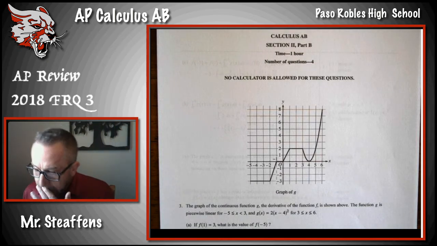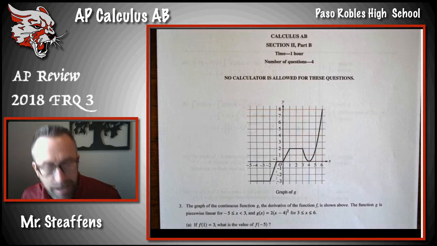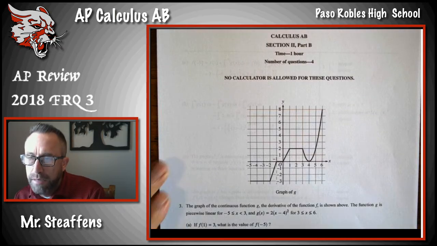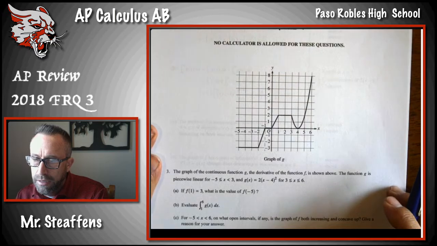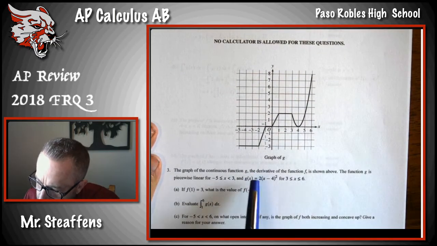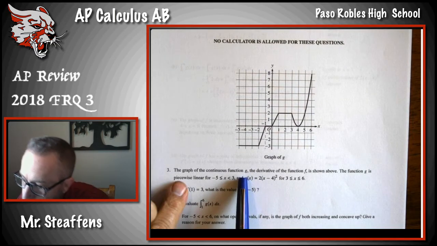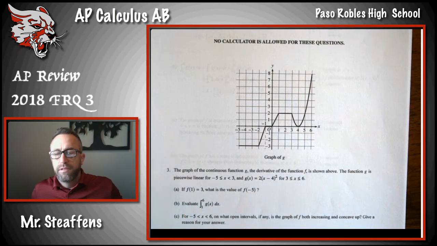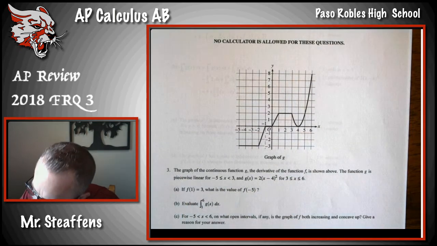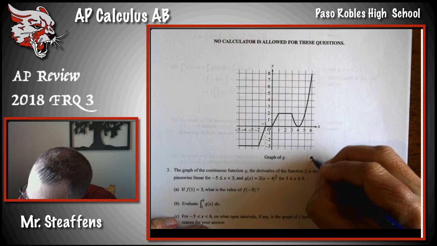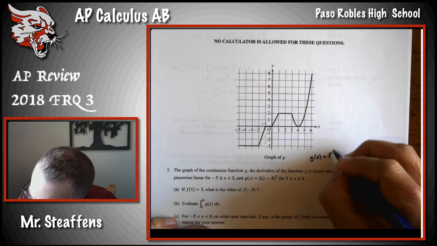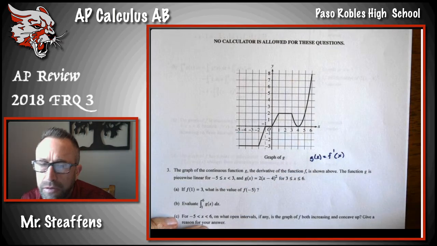So this one gives us a graph. And just like we said, it says this is going to be a graph of G. And then it says, by the way, G is actually the derivative of F. So if that's true, we might want to write that down, that G of X is F prime of X, because that tells us some important things.